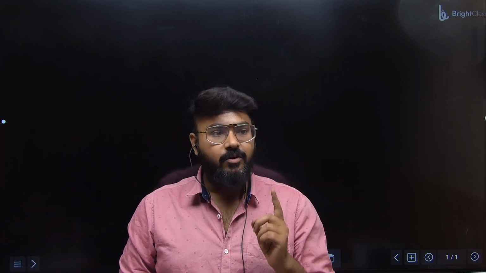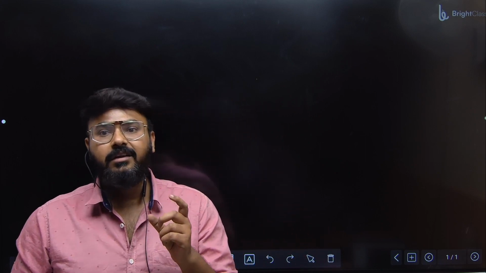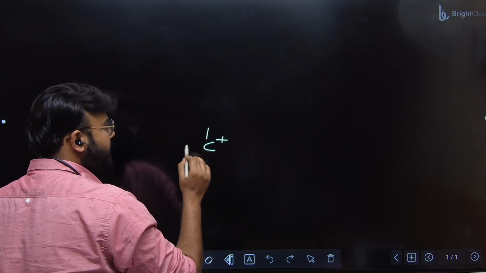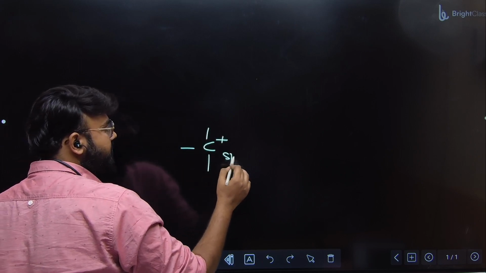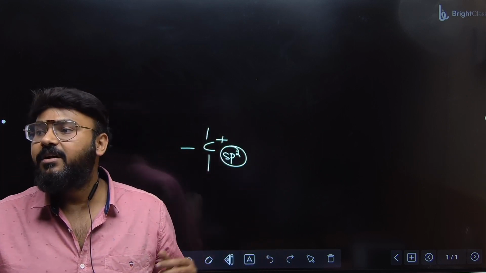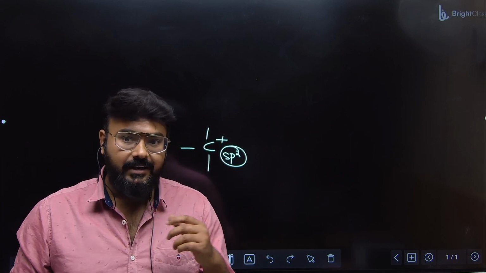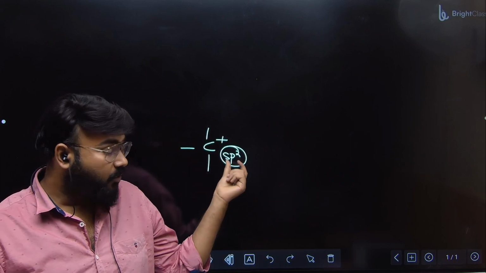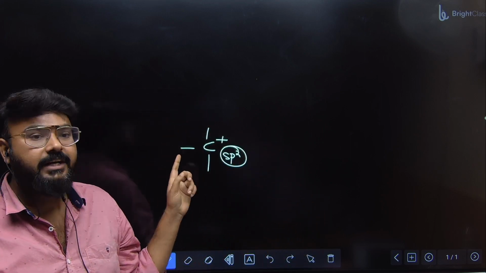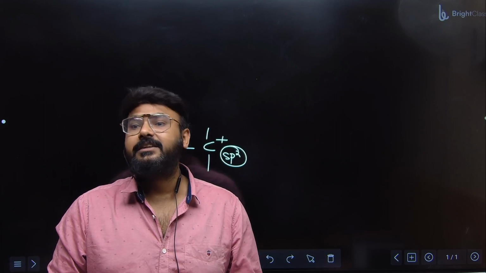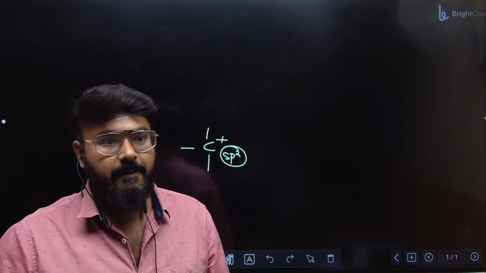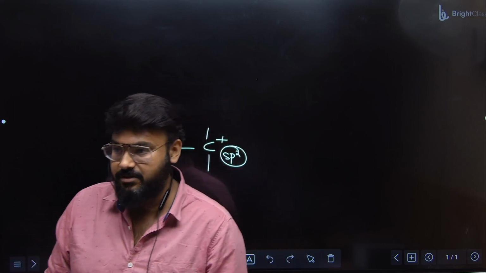The carbocation carbon is sp2 hybridized, so the attack happens from the front and the rear. When the attack happens from the front, where the old nucleophile was present, it's called retention. From the rear side, the opposite, that's called inversion. And when both are found in 50-50%, we call it a racemic mixture.